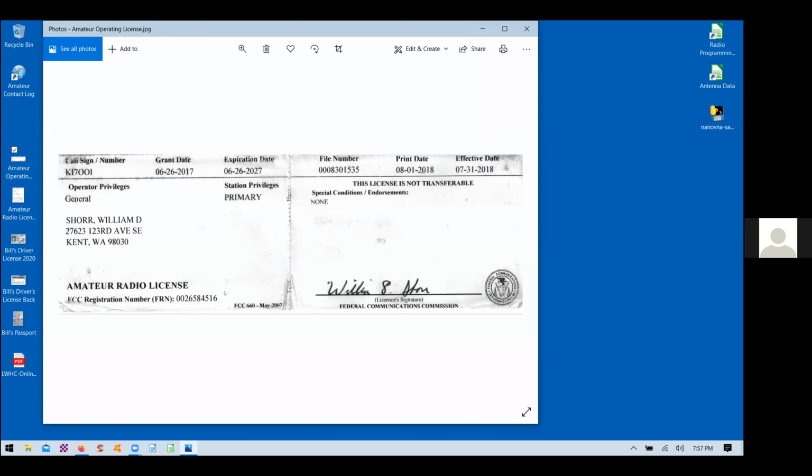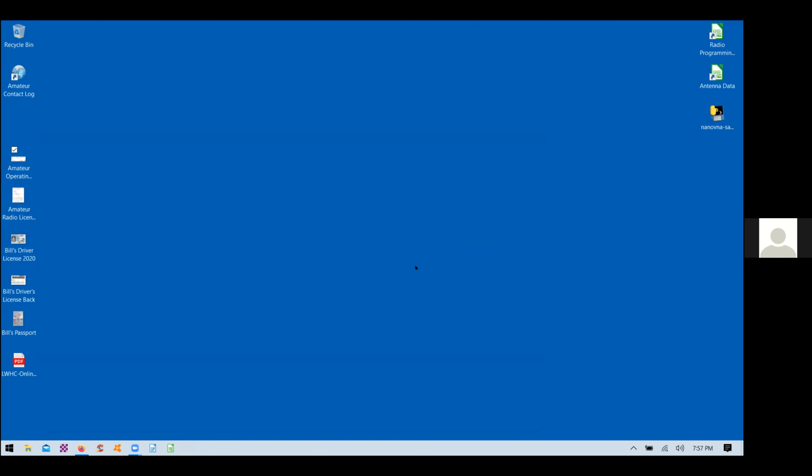Don't confuse the FRN with the file number that's just past the center. Strangely enough, they already had the FRN number, even though they asked for it. How, I don't know. Maybe your call sign. So would electronic copies suffice for what they're looking for? Well, I just copied what I had. It should. Anyway, it worked out pretty well.